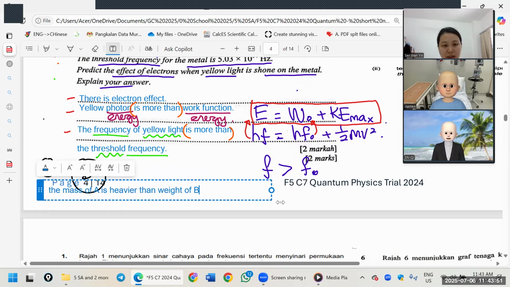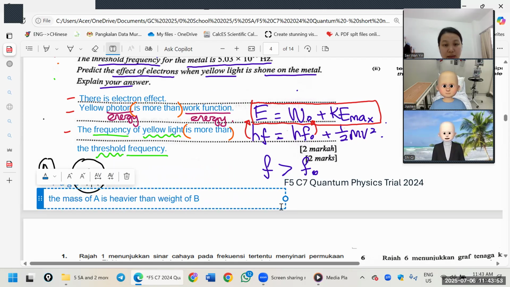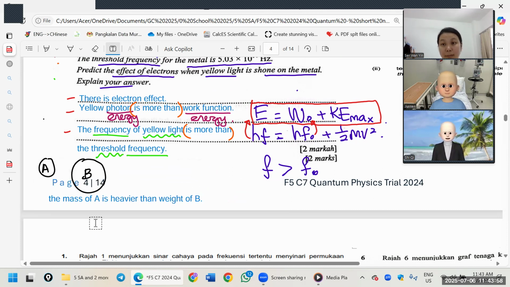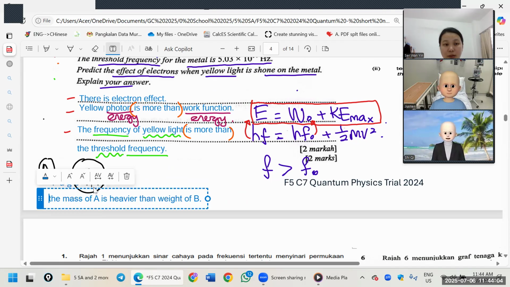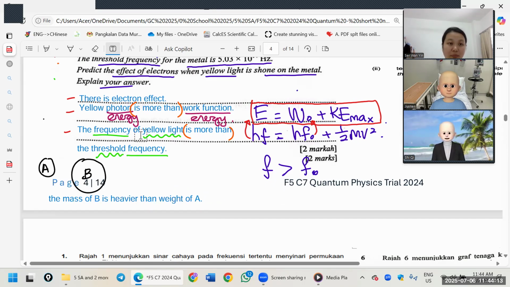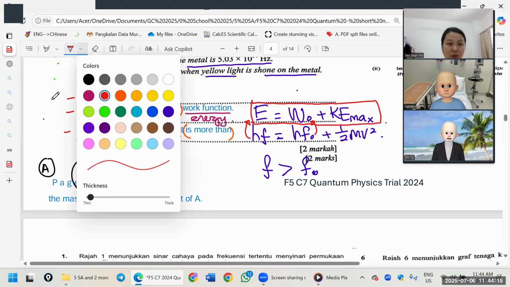Can I say this? Do you think this sentence is acceptable? Oh, sorry. The mass of B is heavier than the weight of A. Acceptable? Yes or no?